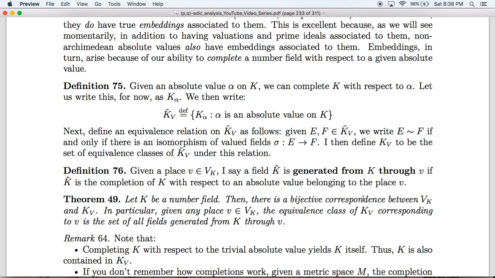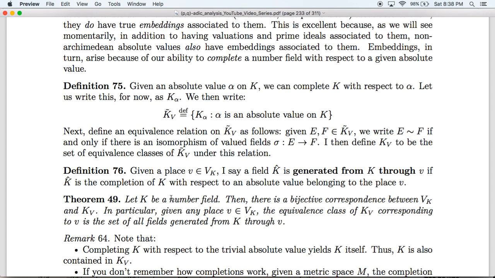Then there is a bijective correspondence between Vk, the set of all places of K, and Kv, the set of all completions of K. Again, both of these are up to equivalence. In particular, given any place V, the equivalence class of Kv corresponding to V is the set of all fields generated from K through V.